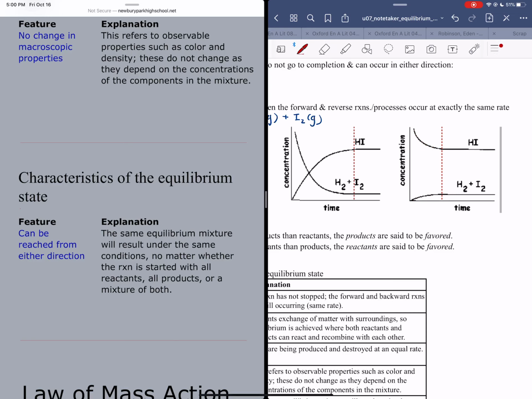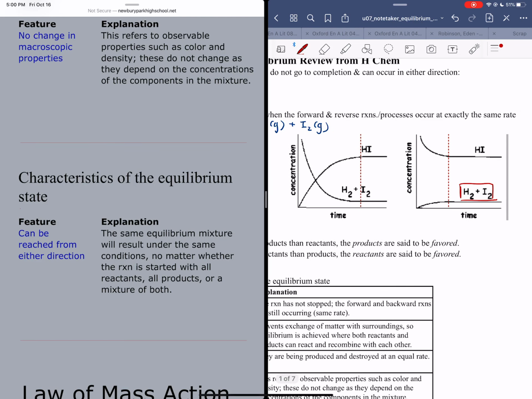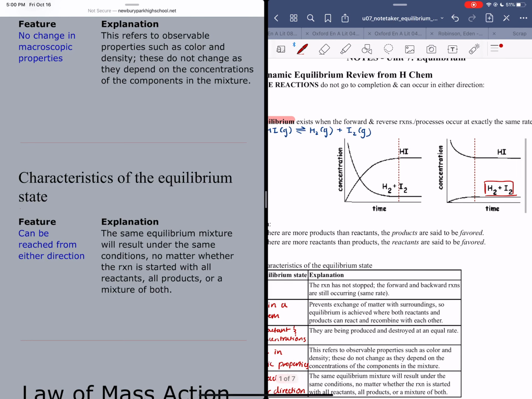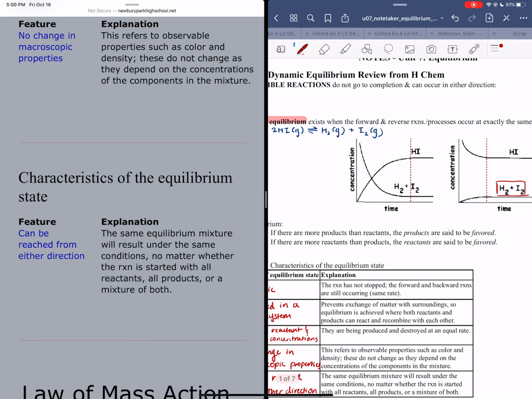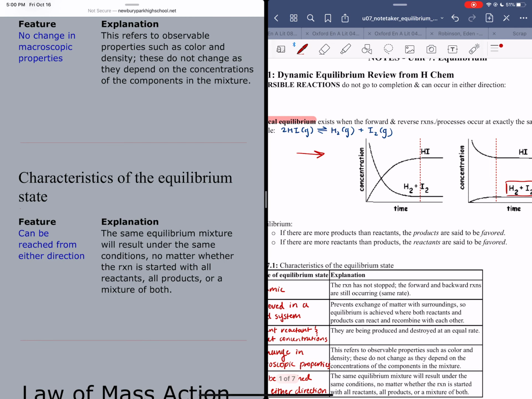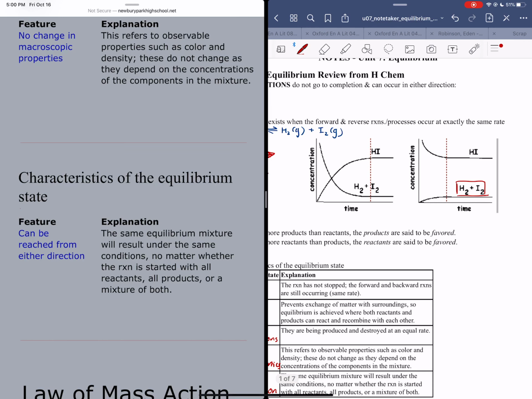Equilibrium is being approached as H2 and I2 increase, so we're approaching it in this direction, because in this direction HI decreases while H2 and I2 increase in concentration.